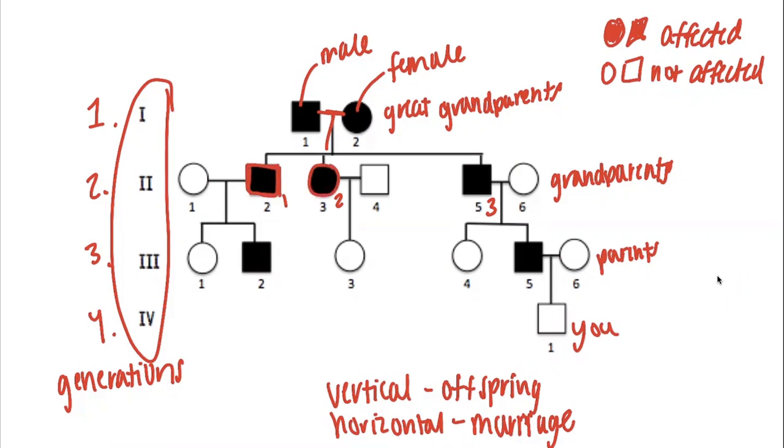This would be our middle child, and this would be the youngest child. So it does matter. Just like reading, we go from left to right. So that is the basics of our pedigree charts.